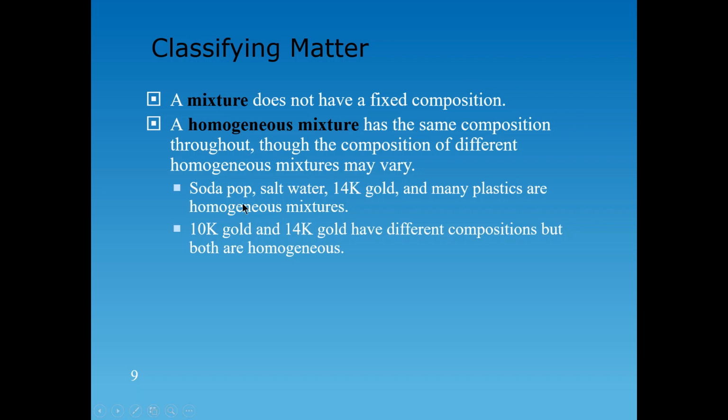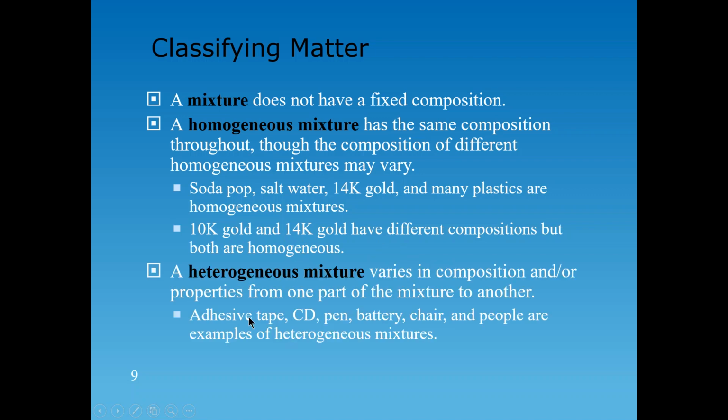So that's an example of a homogeneous mixture. Salt added to water to form a solution, 14 karat gold, and many plastics are also homogeneous mixtures, all right? Now, the thing about 14 karat gold is that I don't think it is a pure substance in the sense that it's only the element gold present. It might be mixed with other things, but the point here is that that mixture is homogeneous as well.